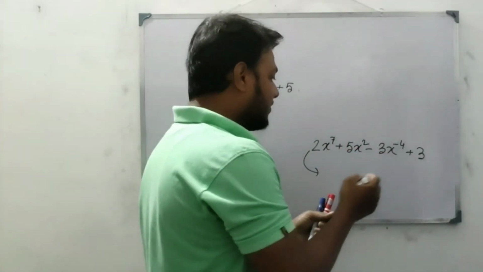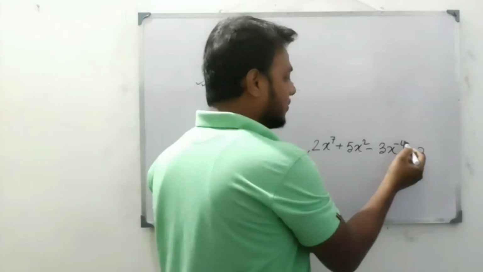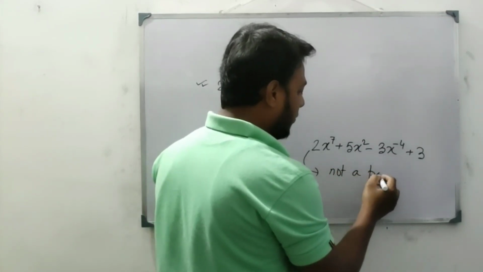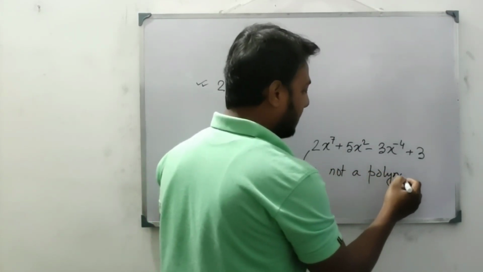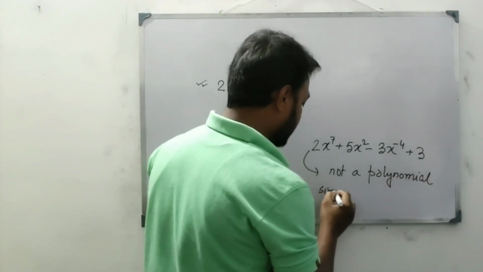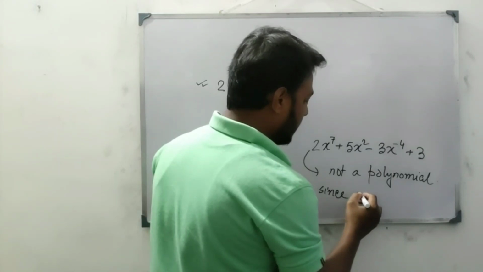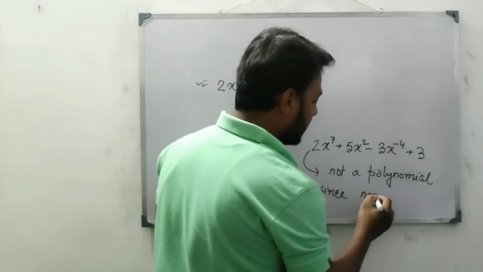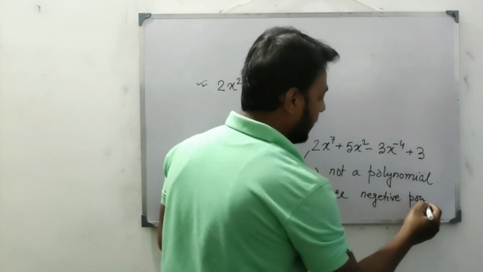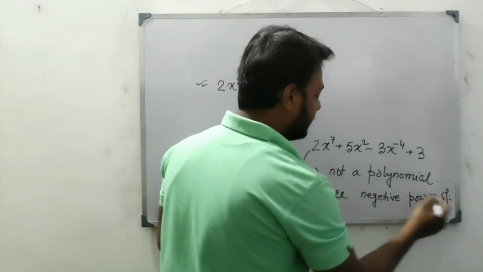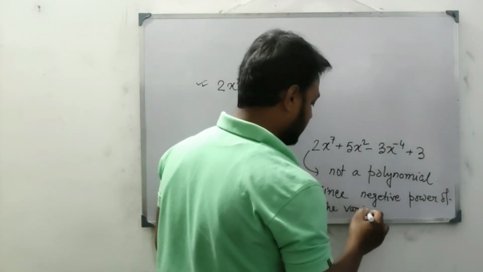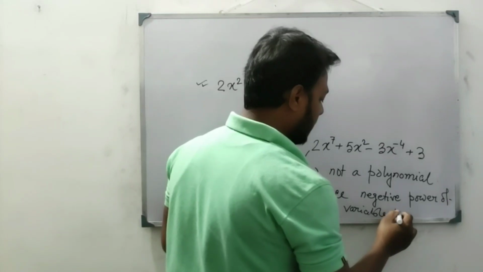But see, in this term the power is minus 4, so this is not a polynomial. Why? Since a negative power of the variable is there.